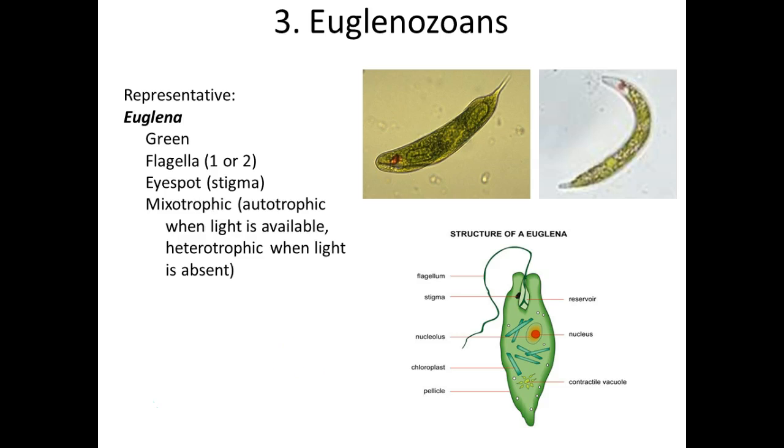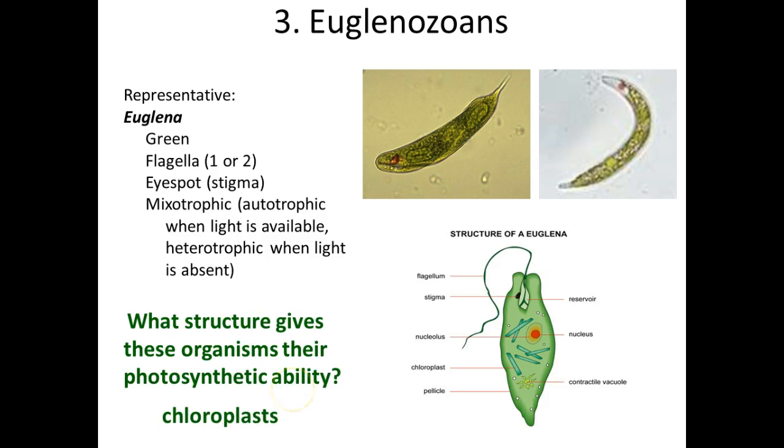But they're mixotrophic, so they can utilize light energy when it's available, but they also can be heterotrophic, engulf other organisms for energy when light is absent. So these are one of those ones that was like, well, is it a plant or an animal? Well, it does a little bit of both, right? It's in that weird in-between category.